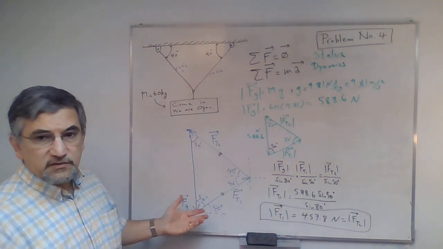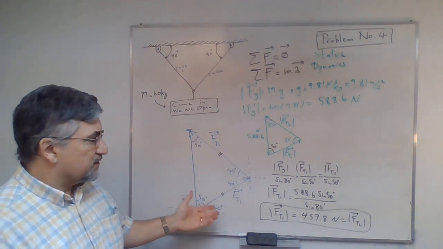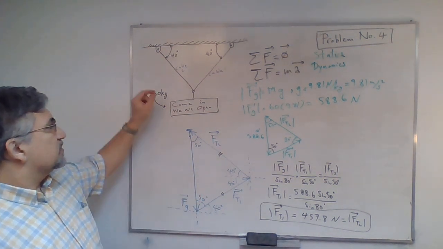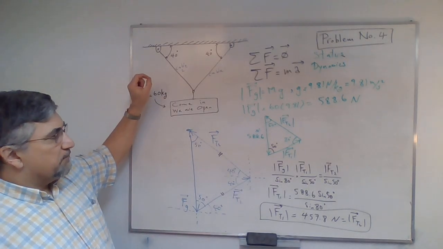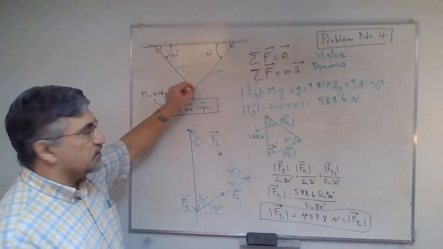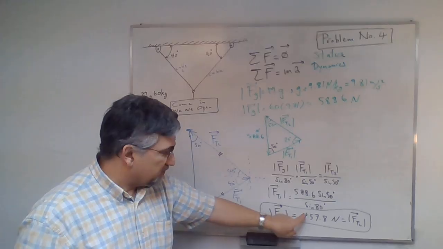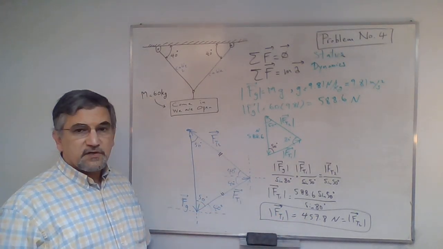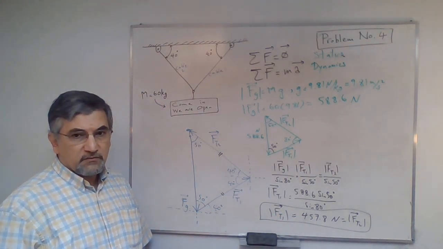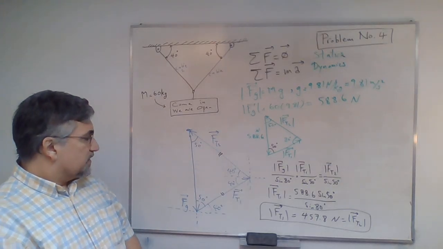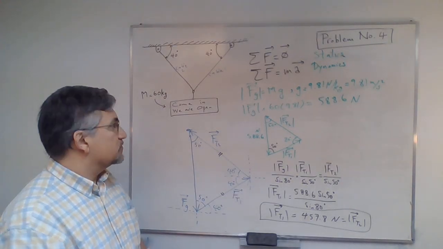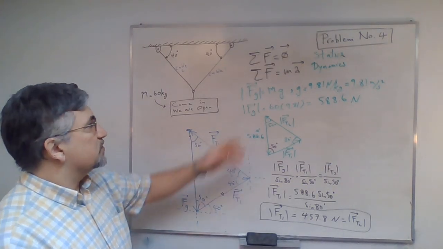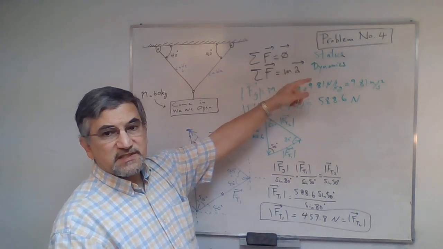It's a word problem at the end of the day, so we need to write a final closing statement. We're going to say the magnitude of the tension force in each cable equals 457.8 newtons, and that will be your paraphrase for the problem. Okay, so this was just an example of a force problem I wanted to share with you, and everything starts from the formula that comes from statics.